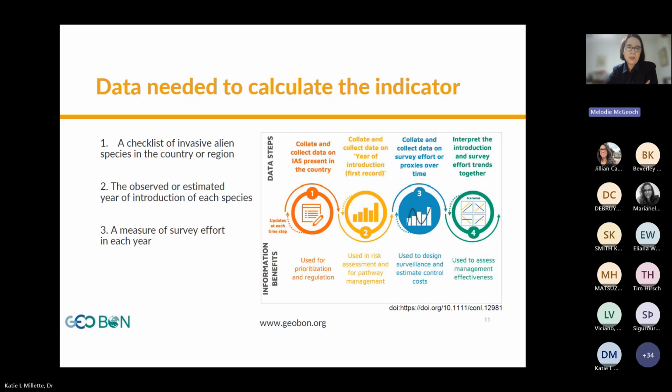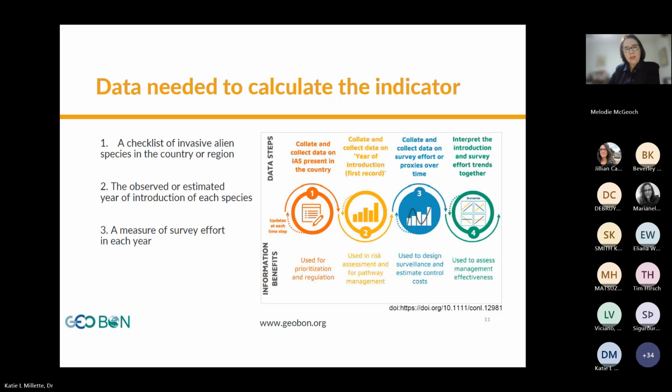Now, the good news is that such data are broadly available, if not perfect, and I'll talk about that in the next slide. But before the next slide, I also want to make the point that through the IPBES assessment and through the work that we've been doing, we're really trying to support and develop tools to encourage countries to invest in data collection on invasive alien species, particularly these 3 variables.